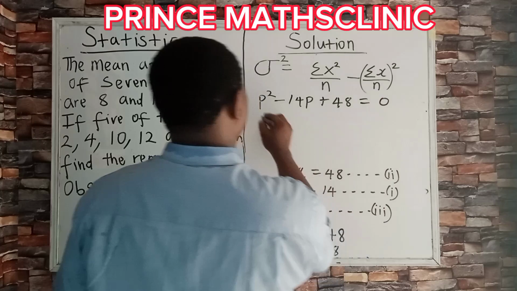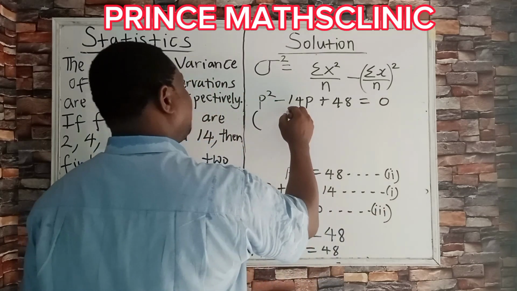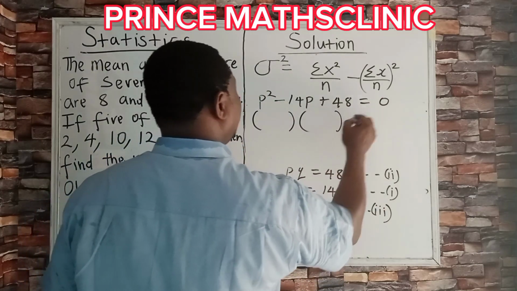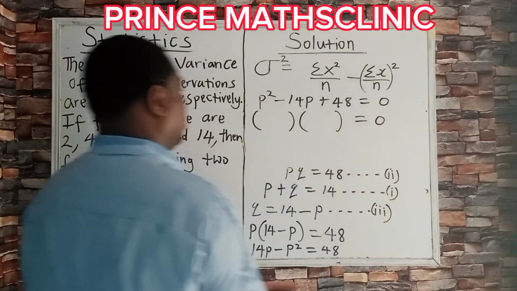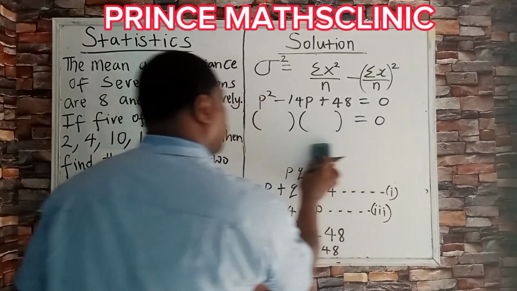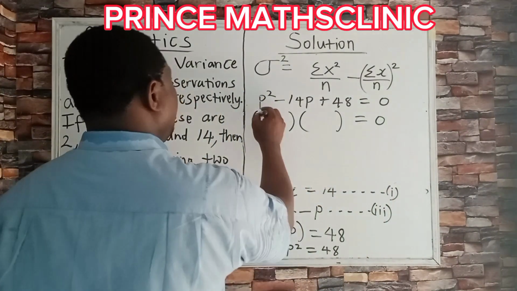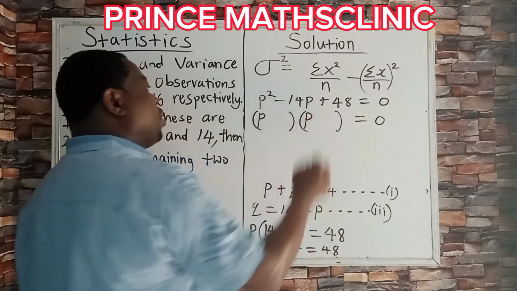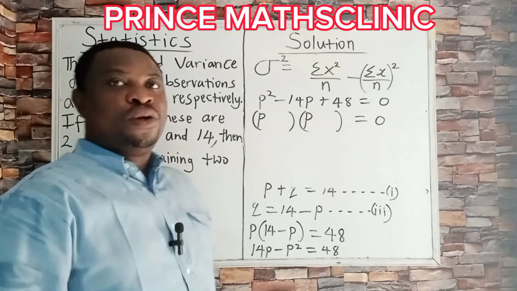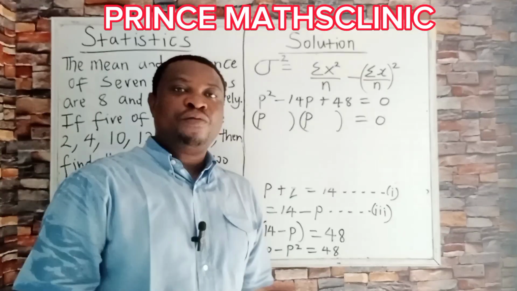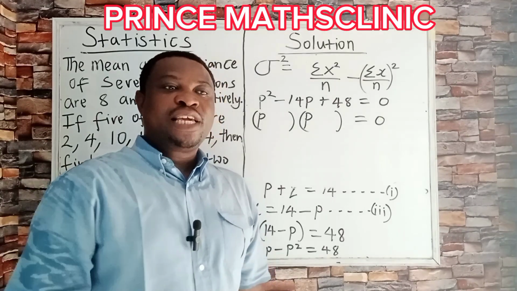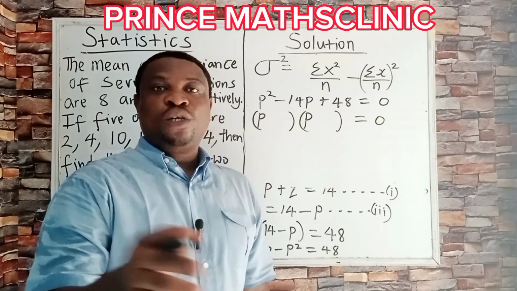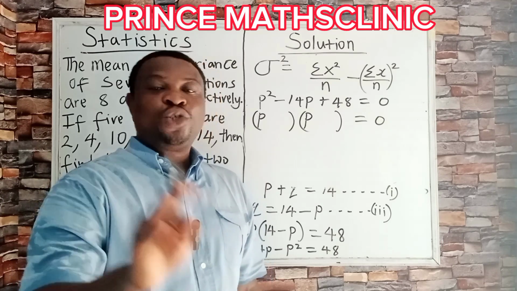Everything equal to 0. So open two brackets because this is giving us a quadratic equation. Now, since I have two brackets open, put a p here, put a p here. Now, this method I want to use has been done before, so you can check the description of this video to find the link to how to solve quadratic equations in just 2 steps.